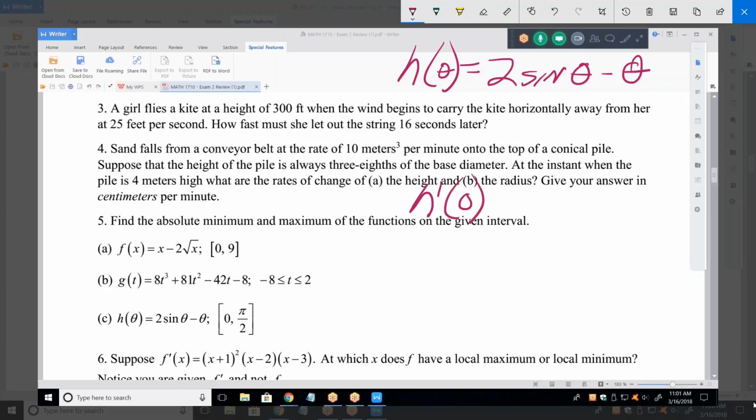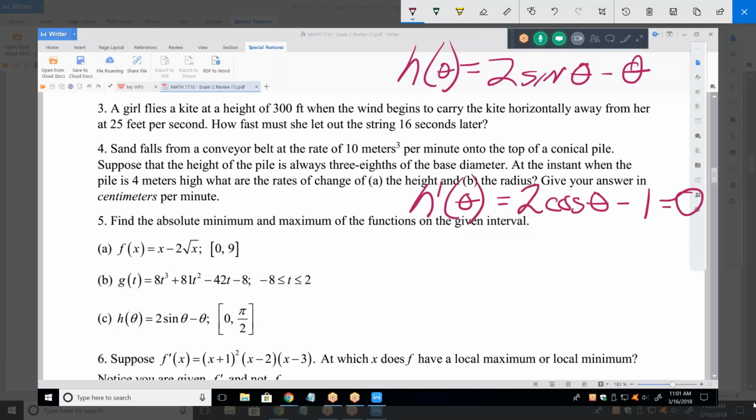Go ahead. It is 2 cosine theta minus 1. Good. Next step. Now just plug it in. No. Set it equal to 0. Okay. Solve that.